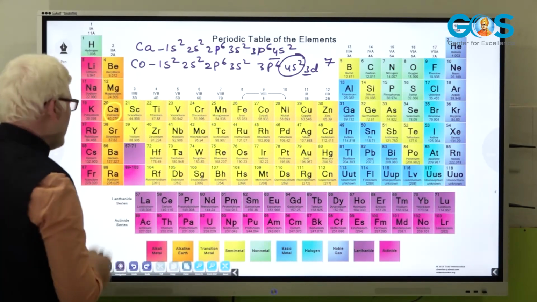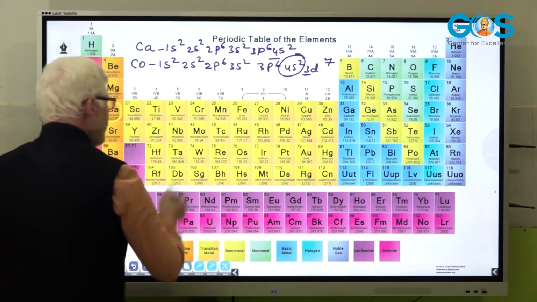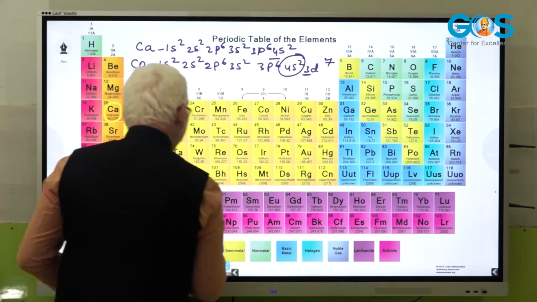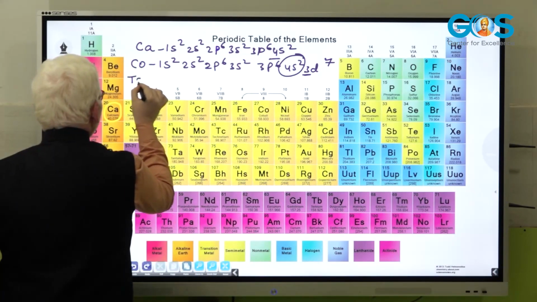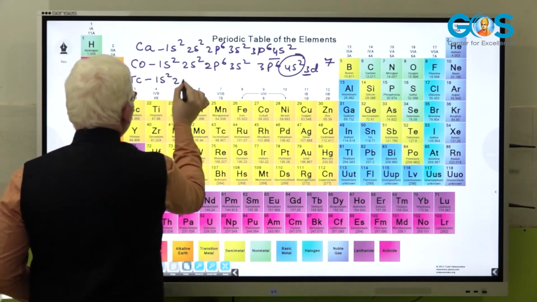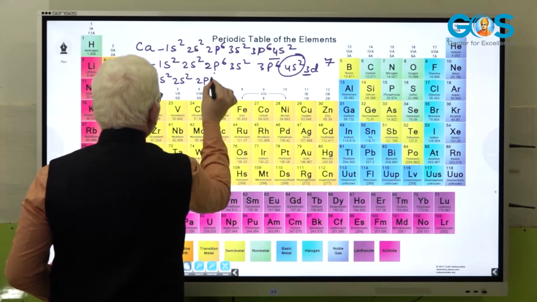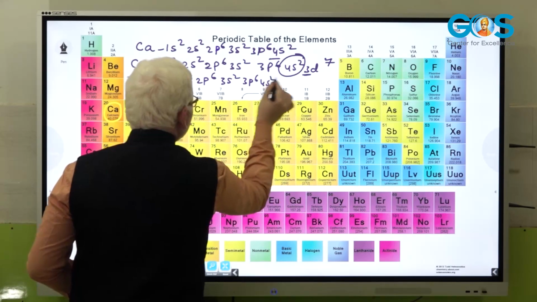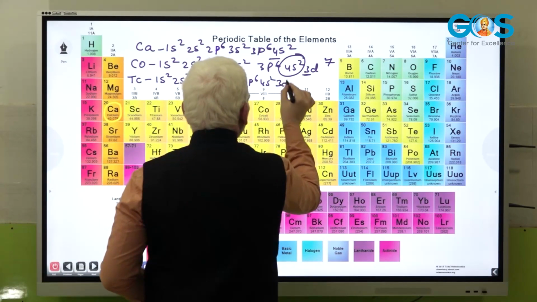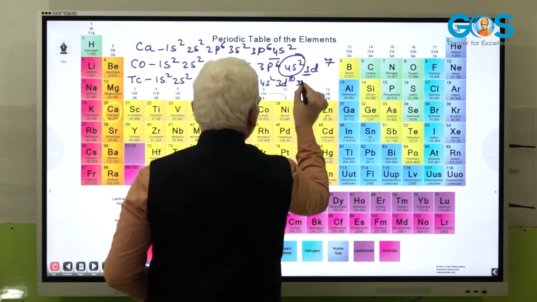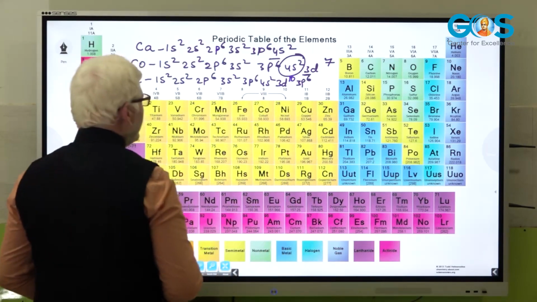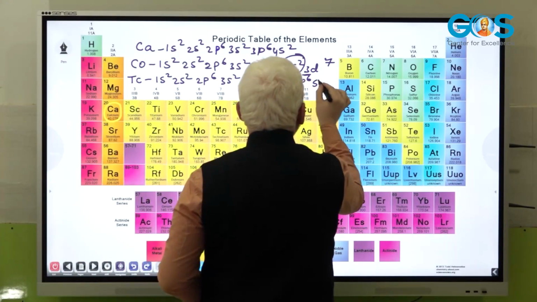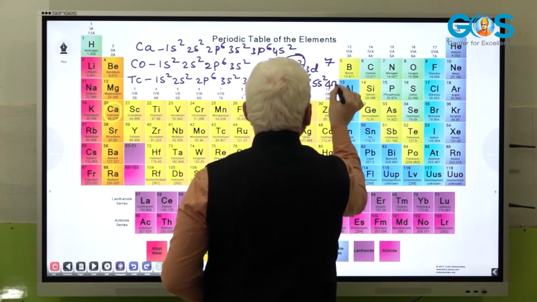Let me take one more element for clarification. Let me take Tc, technetium. The electronic configuration is 1s2, 2s2, 2p6, 3s2, 3p6, 4s2, 3d10, 4p6, 5s2, 4d5.